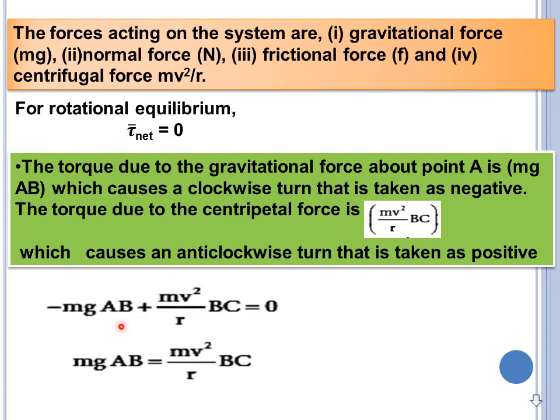Therefore, minus mg into AB plus mv square divided by r into BC is equal to 0. Finally, mg AB is equal to mv square by r into BC.